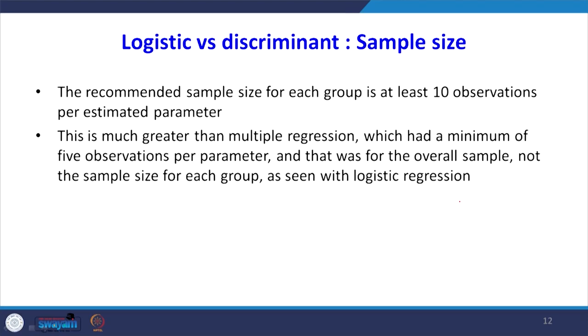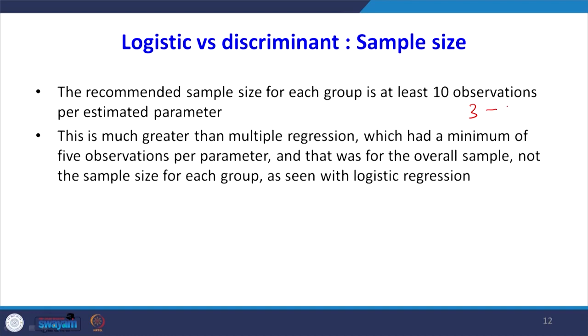The recommended sample size for each group is at least 10 observations per estimated parameter when you go for logistic regression. That means if you are capturing one variable, you need to have 20 observations. If you are capturing 3 variables, you have to have 30 observations. It is a thumb rule.